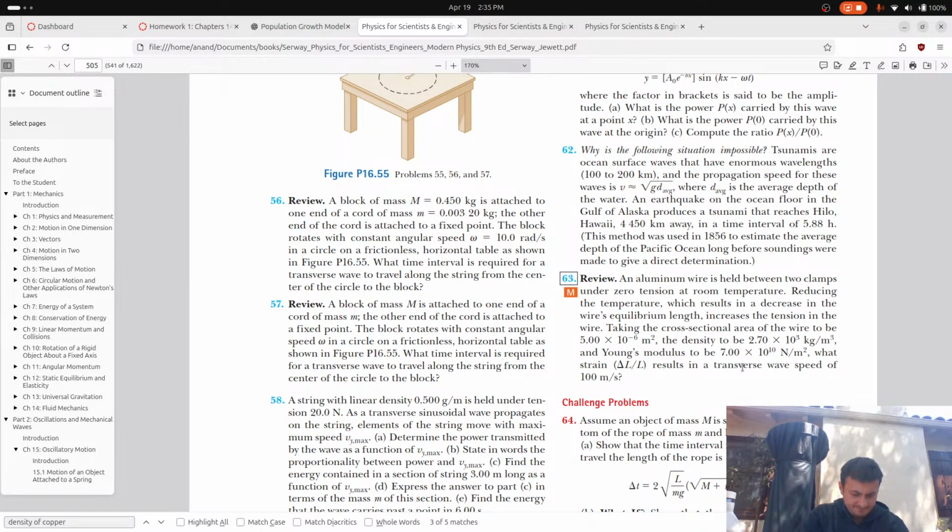So what strain, delta L over L, gives wave speed v equal to 100 meters per second? So we can kind of find mu, right? Because mu is kilograms per meter.